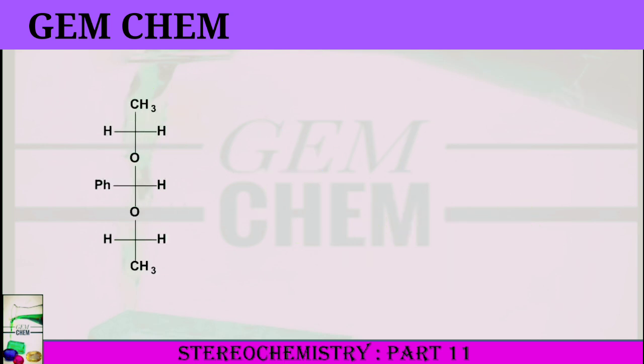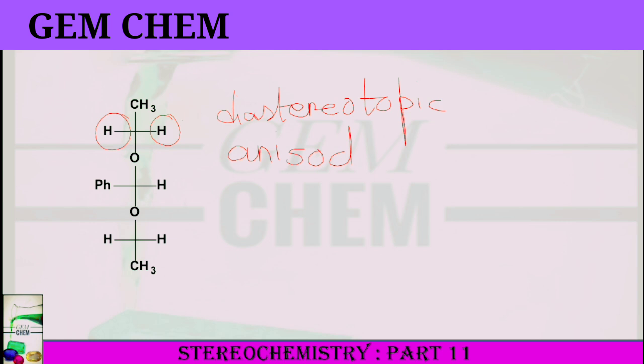Now when we go for the next molecule, we have this one. Similarly, we have 3 prochiral centers, as you can see, and in this case also the 2 hydrogens which are present here, this one and this one, are diastereotopic. Similarly, we can tag them as anisochronous, and these will provide you a quartet.